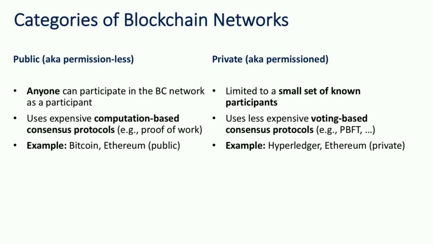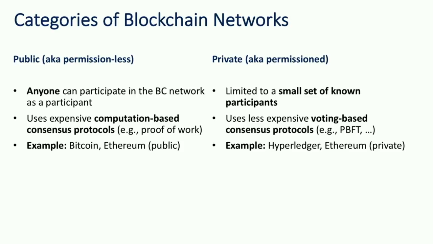A second slide, just to get the background right. So there are two platforms or ways how blockchains are deployed. There are public blockchains, meaning that every participant can join the blockchain, and they usually use more expensive consensus protocols.